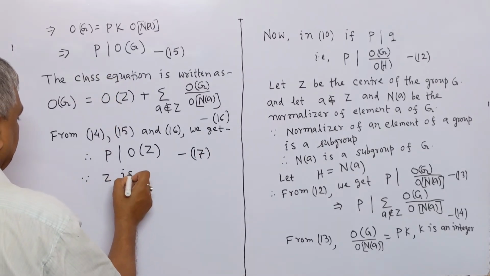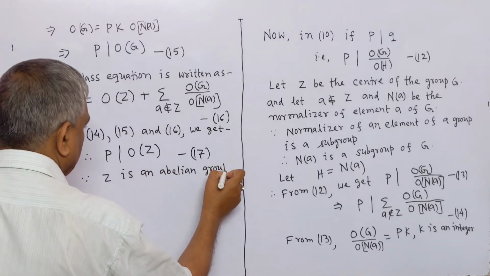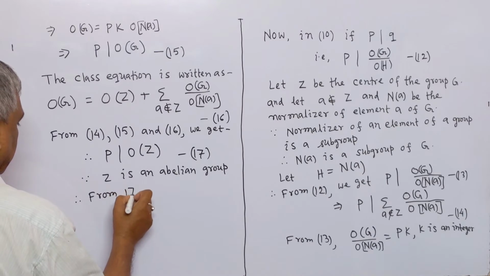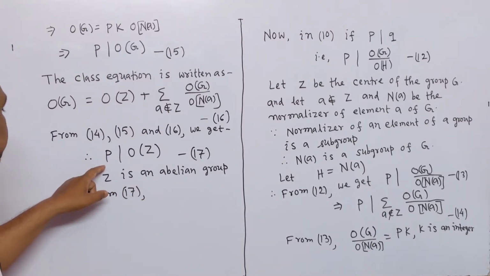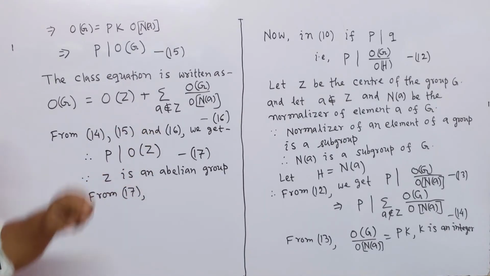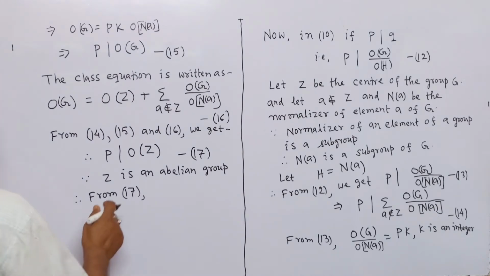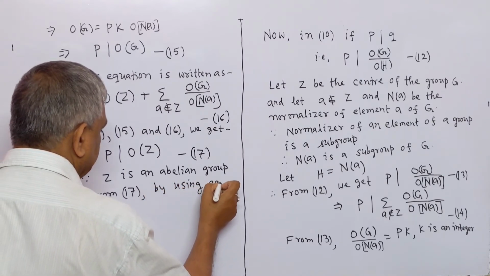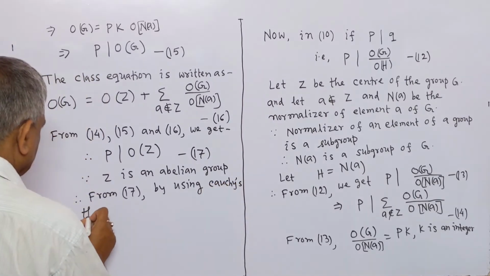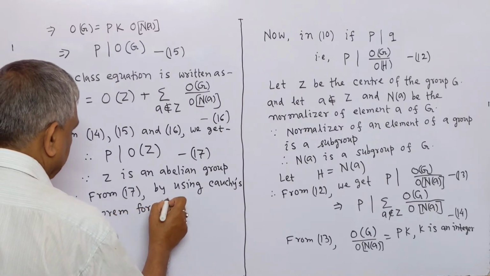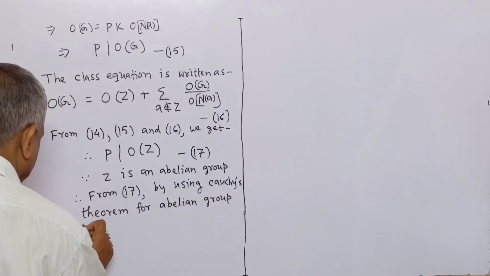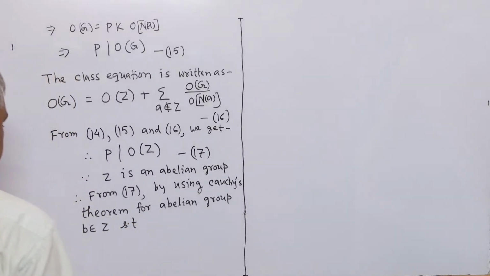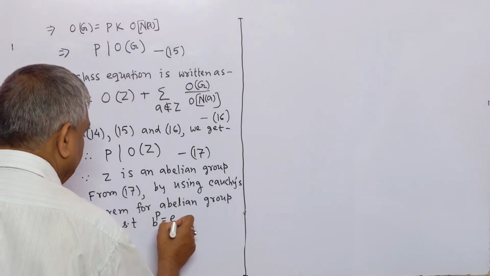Since Z is an abelian group, therefore from 17, P is a prime number and P divides order of Z, then by using Cauchy's theorem for abelian groups, there exists B belonging to Z such that B to the power P equals the identity element.